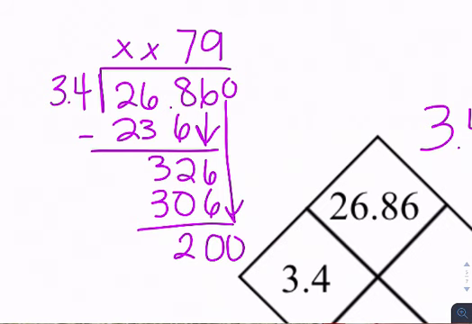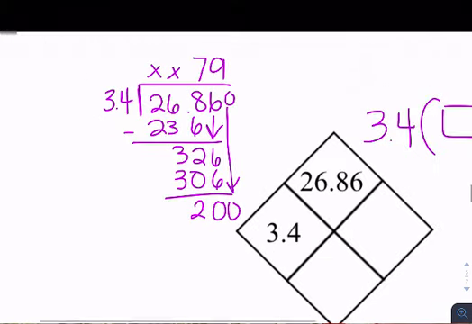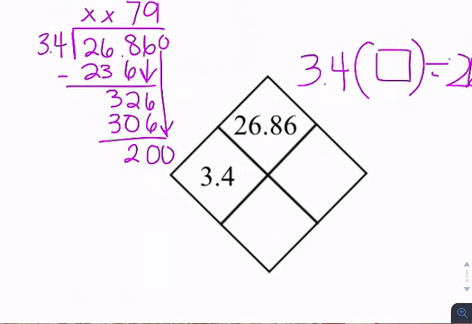So when I divide 268 by 34, I got 7. 7 times 34 is 238.